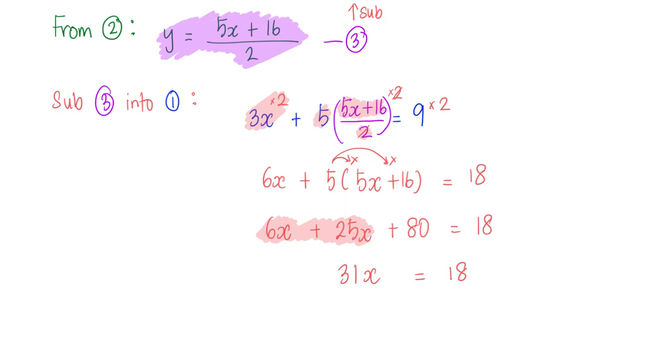I'm going to minus 80 on both sides. That's why you have a minus 80 here, so that this one will be equal to 0. That's what is happening.